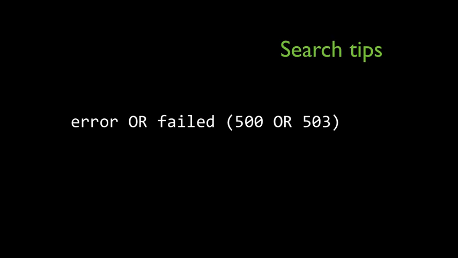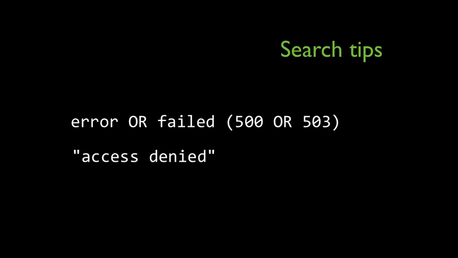So this will return events that have either the word error in them or the term 404. But notice OR has to be uppercase. If you make it lowercase, then Splunk is going to look for the word or. I can also use parentheses and even quotation marks to make my search a little bit more sophisticated.